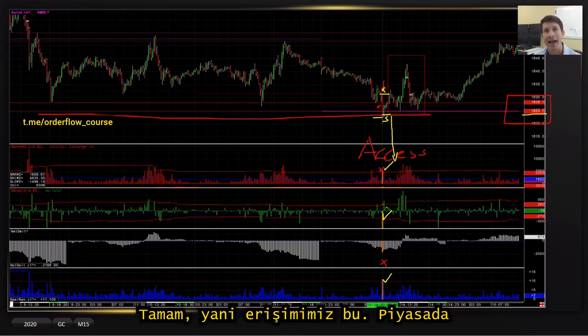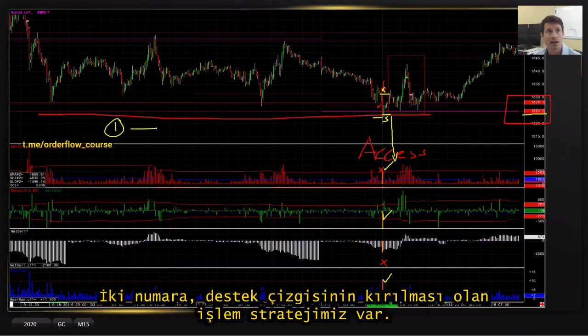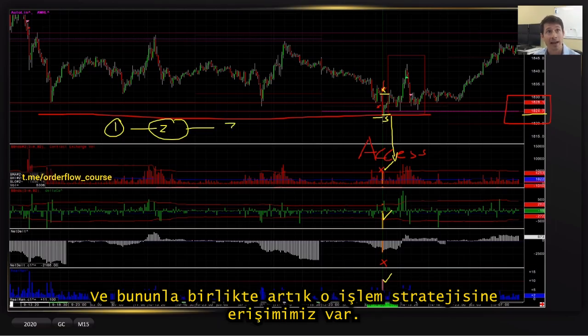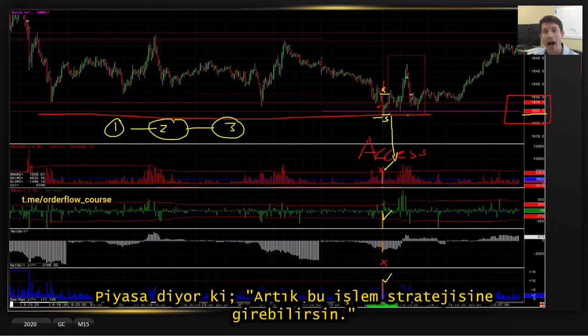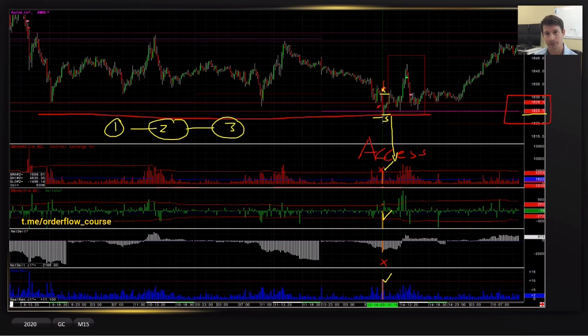Okay, so that is our axis, the market. We've got number 1, our trade idea. Number 2, our trade strategy, which is a breakout of support line. And with that, we've now got access to that trade strategy. The market says you may now enter this trade strategy once we get that axis candle.